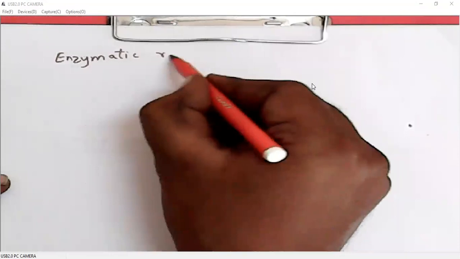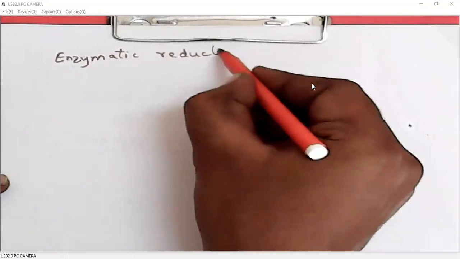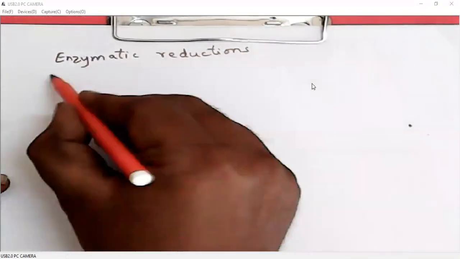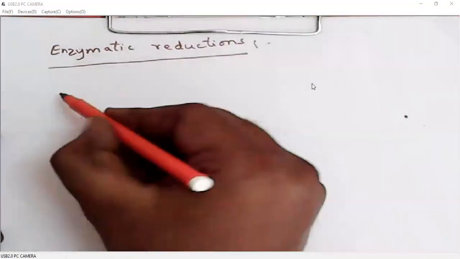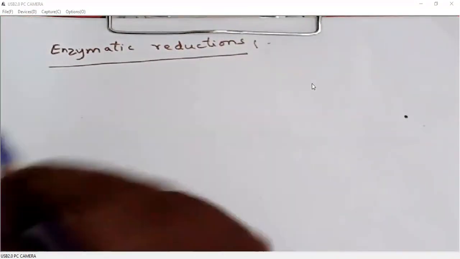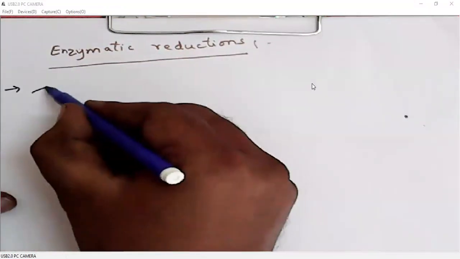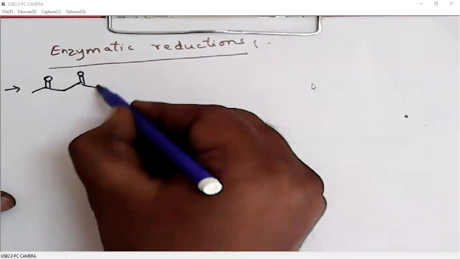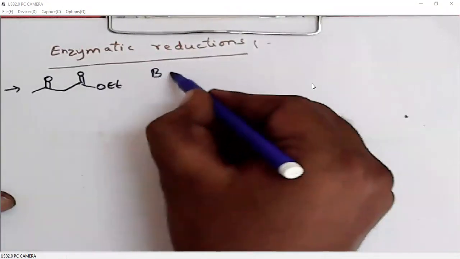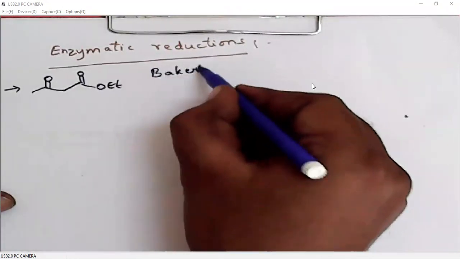Enzymatic reductions. We use enzymes for reducing the carbonyl groups. Generally, we use Baker's yeast.